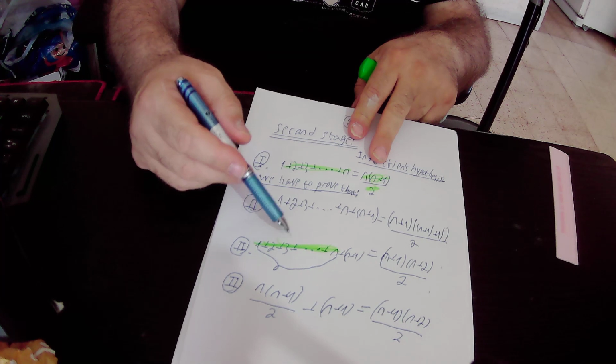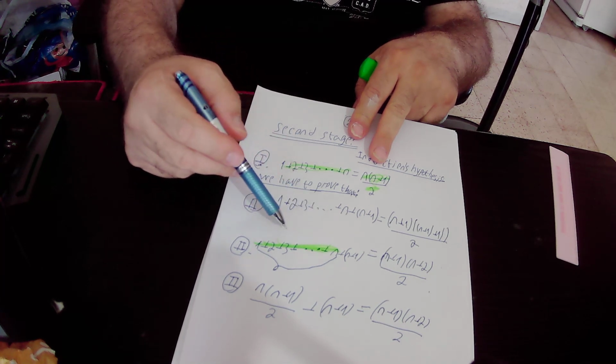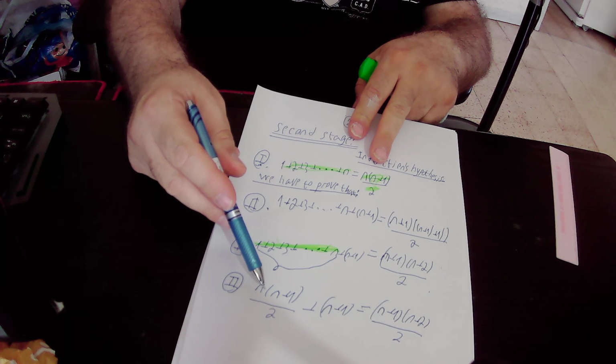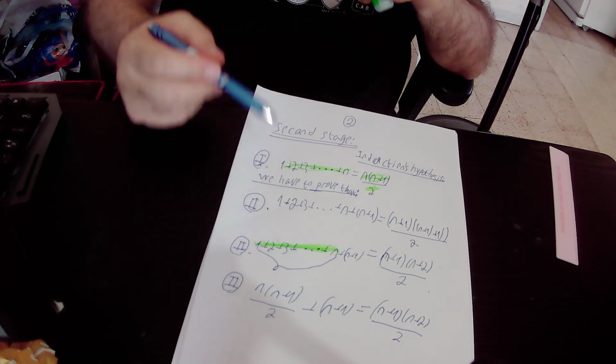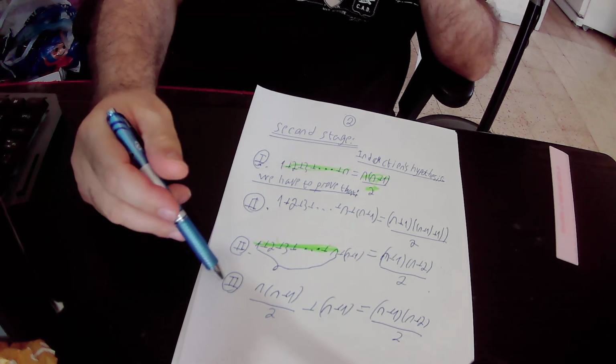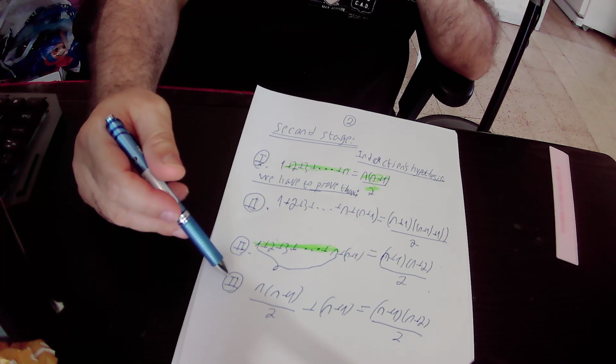So we can substitute this expression by n times n plus 1 divided by 2. Okay, so we must prove that the second equation is true.